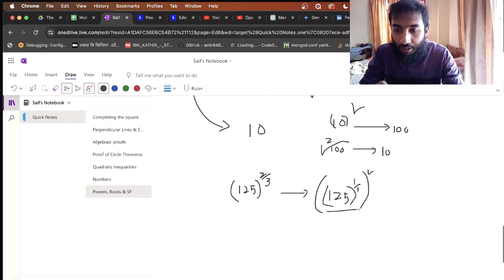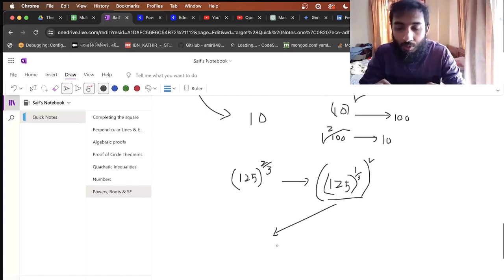So what is the value of 125 to the power 1 by 3? If we multiply 5 with 5 and 5 again, thrice, so 5 cubed yields 125, right?